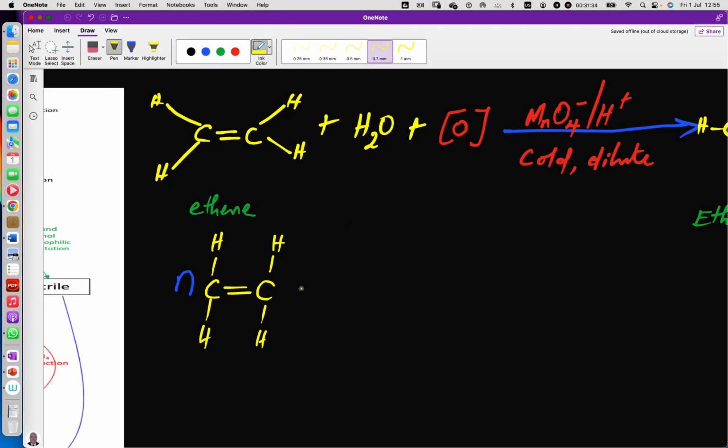Under the condition of high temperature with the catalyst, they can polymerize by adding each monomer onto the other one. It's a repeated addition of many monomers to form what we call the polymer, and this can result in a polymer like this.